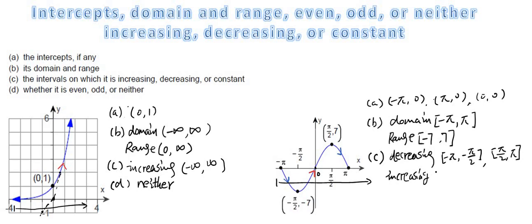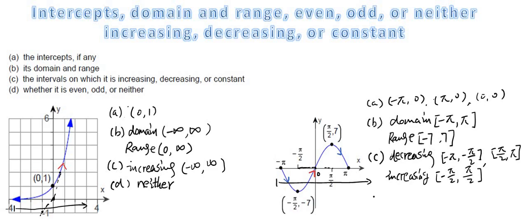For increasing it's very straightforward, right? It's from -pi/2 to pi/2, from here to here. So we have -pi/2 to pi/2.